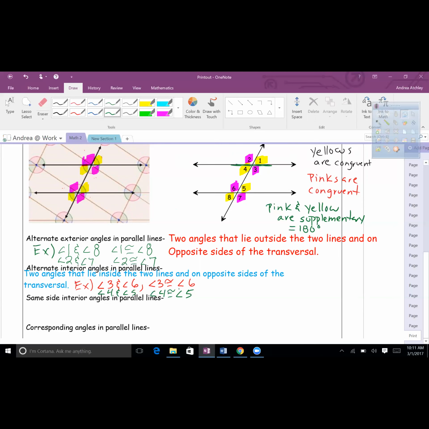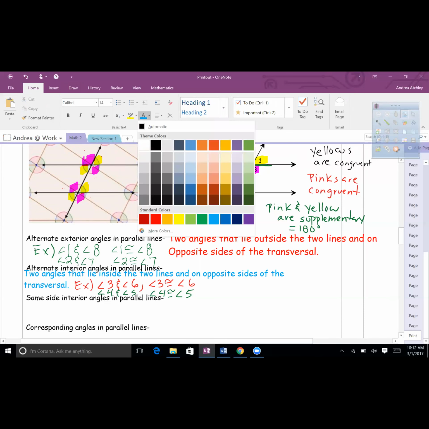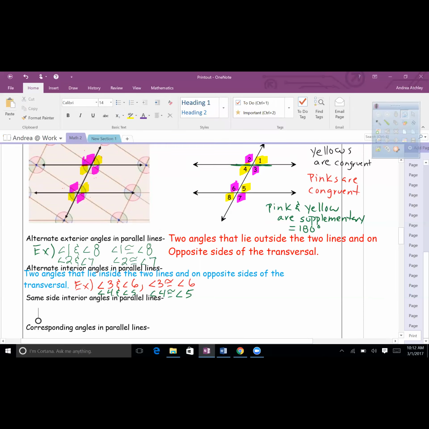Same side interior angles, which is what exactly it sounds like. They are on the same side or inside.